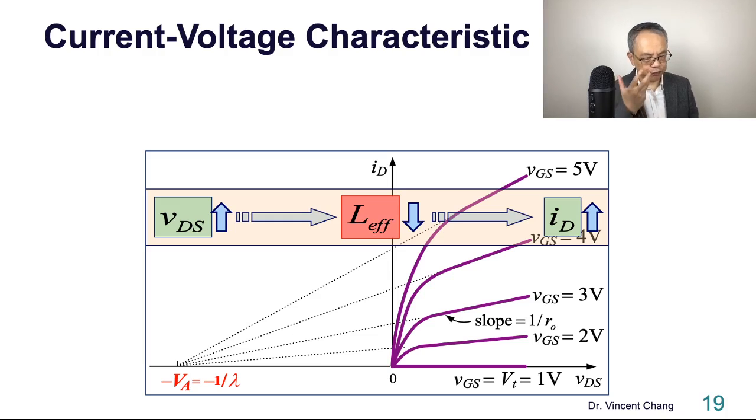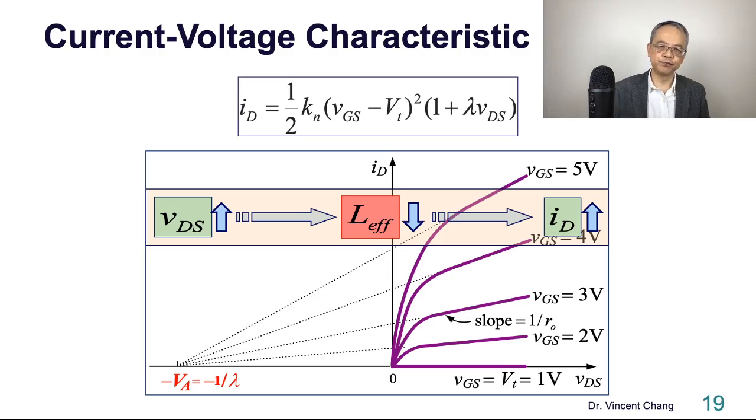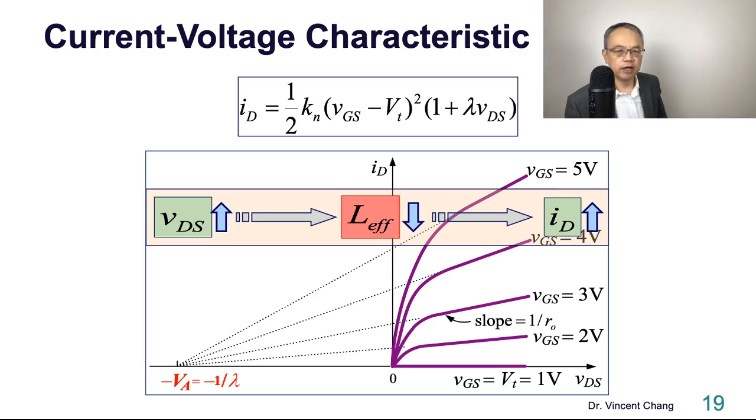So the degree of this channel length modulation effect is described by a factor or a voltage. It's called the channel length modulation parameter, lambda. So see this equation?